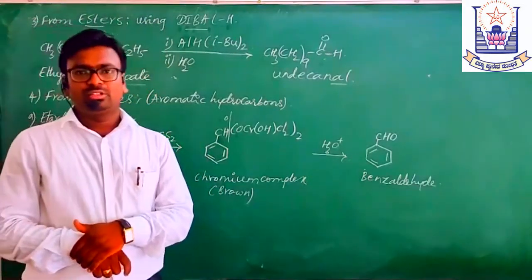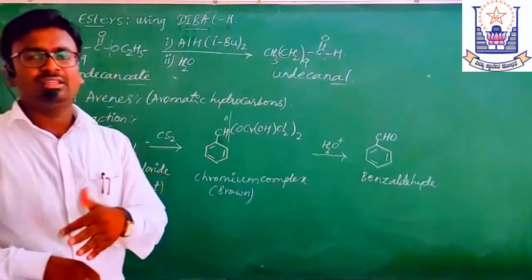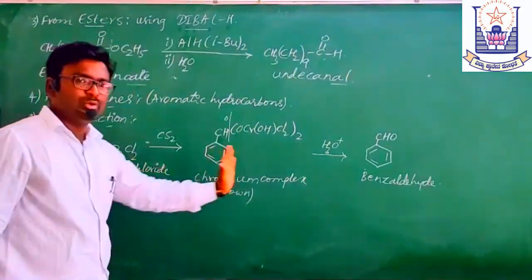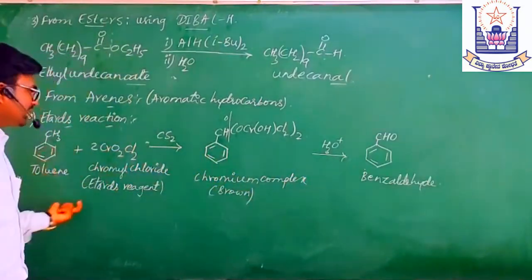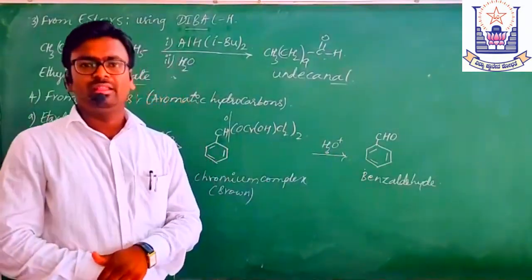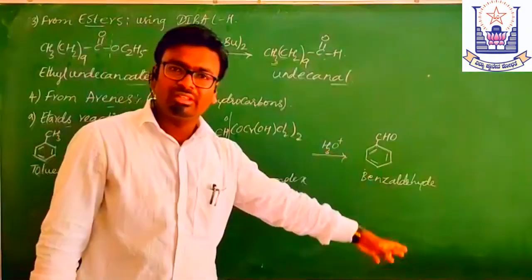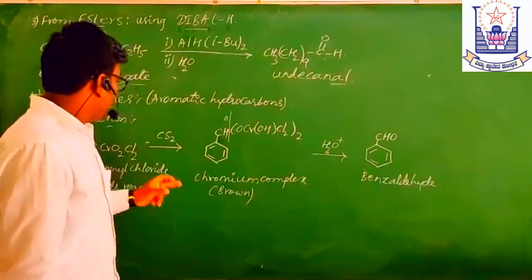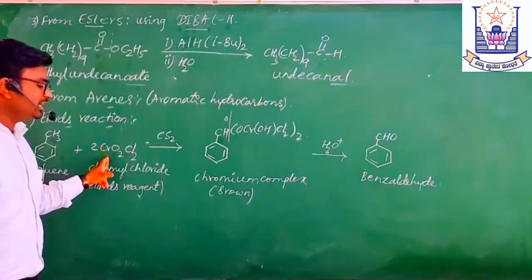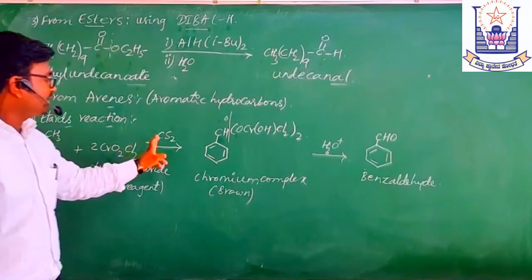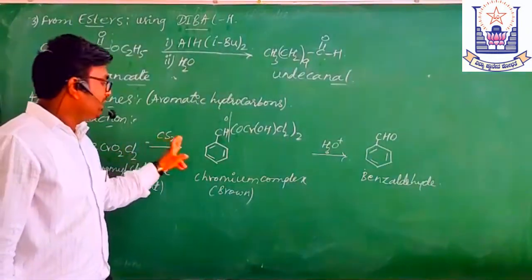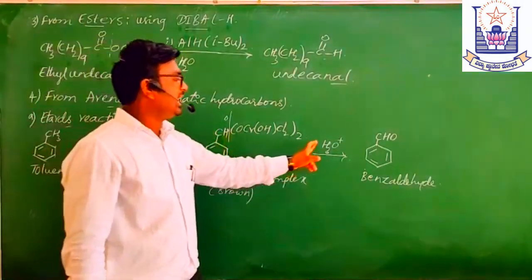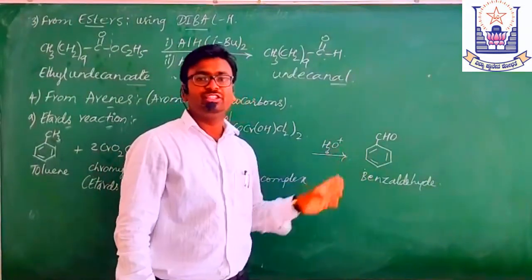In annual exams also, whenever the question is asked like this, explain Etard's reaction, you have to write the reaction equation with the names corresponding to the reagents. You have to write the reaction equation with names and explain in writing like this: when toluene is treated with chromyl chloride in the presence of carbon disulfide, it gives a chromium complex, and when it is acid hydrolyzed it gives benzaldehyde.